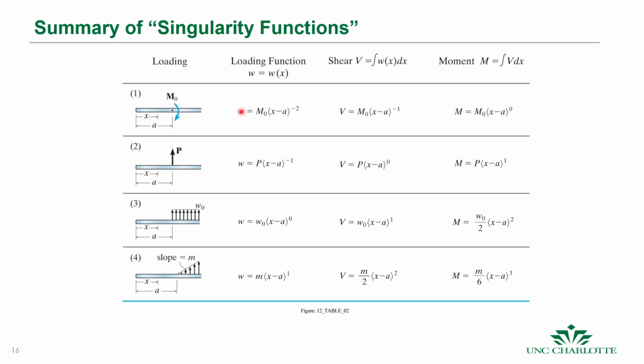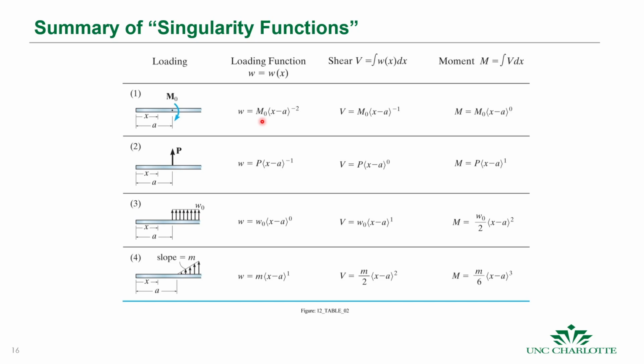W is just the load, and we can define this whole load here by this singularity function, where the applied moment is M0, and then we just have to write x minus a to the minus 2, because that corresponds to an applied moment.